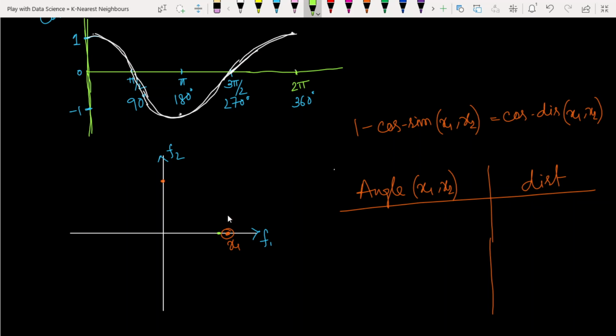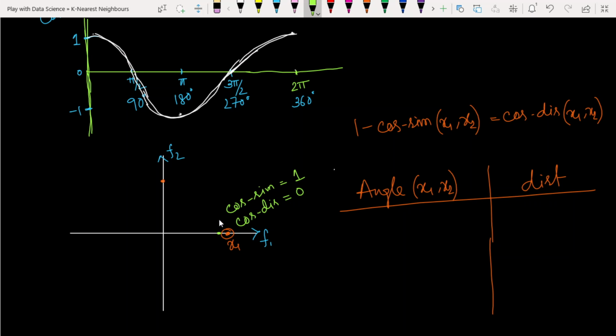Cosine similarity means the cos theta value, which here is 1. And the cosine distance is what? Here the cosine distance is 0.